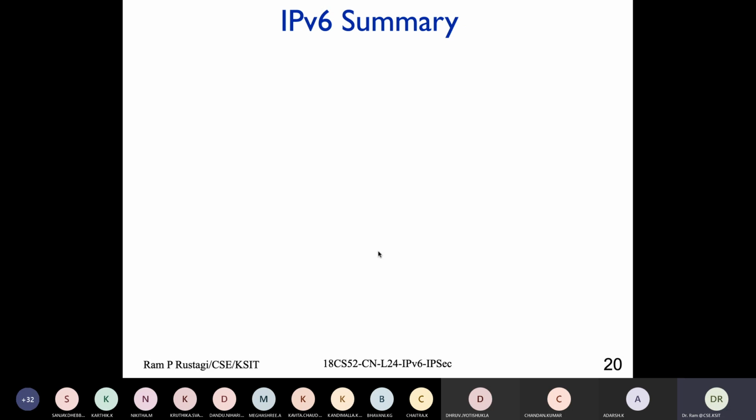So to summarize what we discussed, we started with IPv6 addressing, and we said it is needed because IPv4 is short of address space. Even though we try to mitigate it using NAT, we still can't allocate IP addresses. And with IoT coming up everywhere, if we need to reach everyone, we need a unique address, which IPv4 can't provide, and hence we came to IPv6.